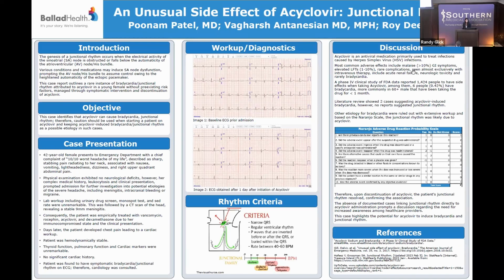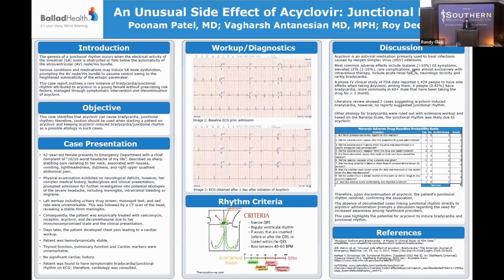So now let me introduce to you a case that exemplifies this unusual side effect. We had a patient, a 42-year-old female, who presented to our emergency department with a severe 10 out of 10 worst headache of her life, associated with nausea, vomiting, dizziness, nuchal rigidity, and some abdominal pain.